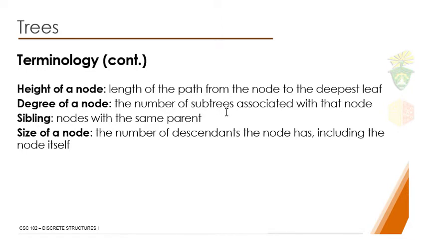So, when I say subtree, makita natin na siya katong child nga napoy children. So, that's a subtree. Sibling, or siblings, nodes ni sila with the same parent. Singular ang parent since isa lang man yun ang parent sa children.